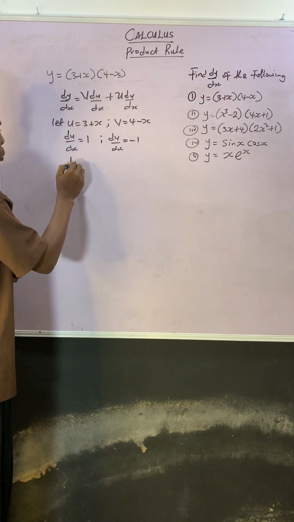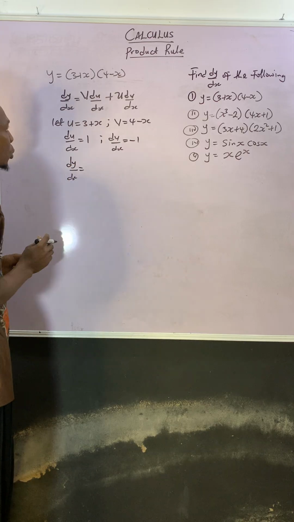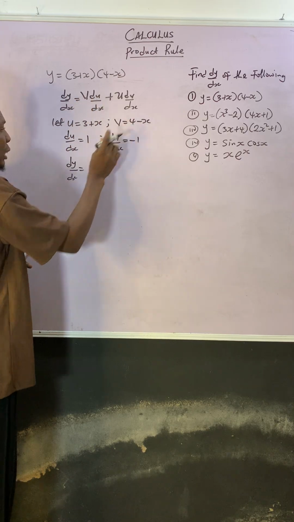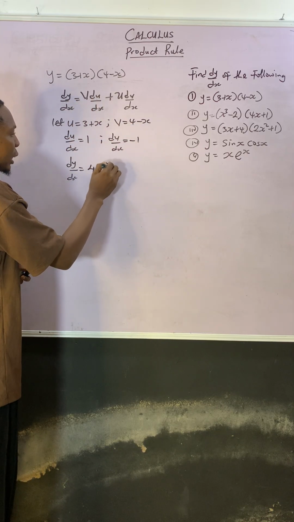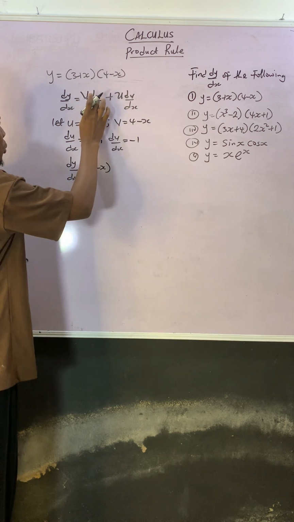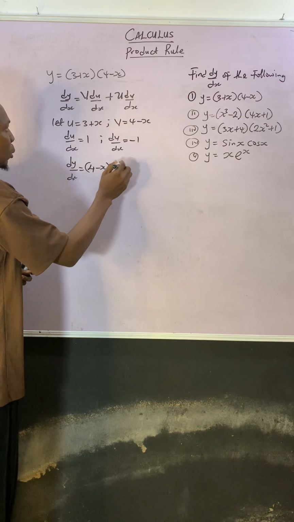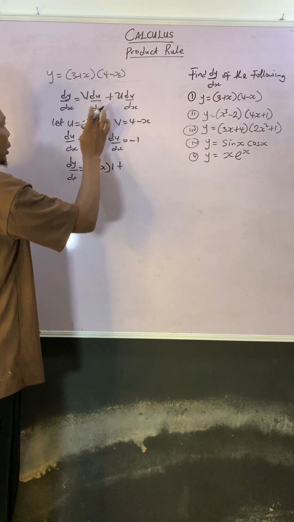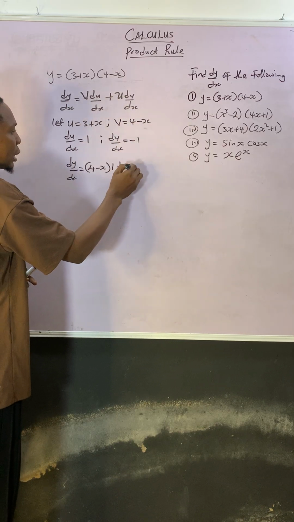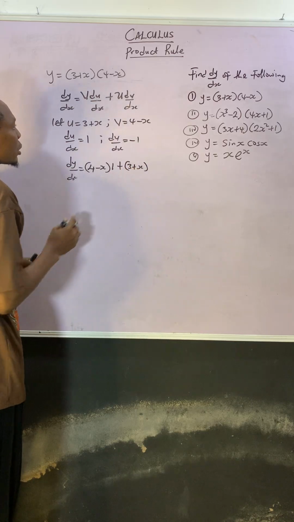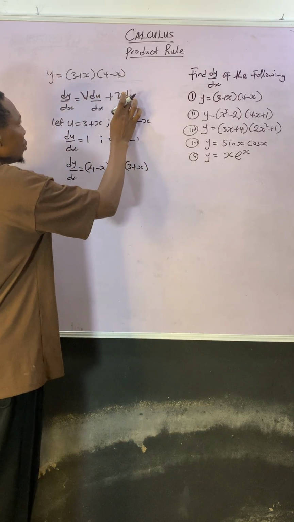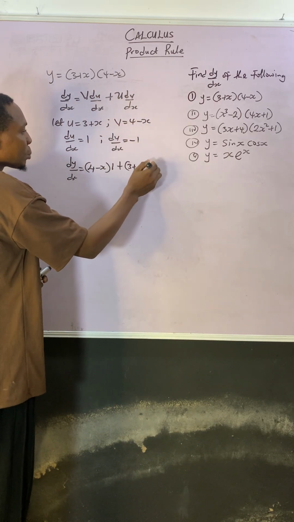So here we have dy/dx equals, what's our v? Our v is 4 minus x. What's du/dx? du/dx is 1. Then plus, what's u? Our u is 3 plus x. Then what's dv/dx? dv/dx is minus 1.